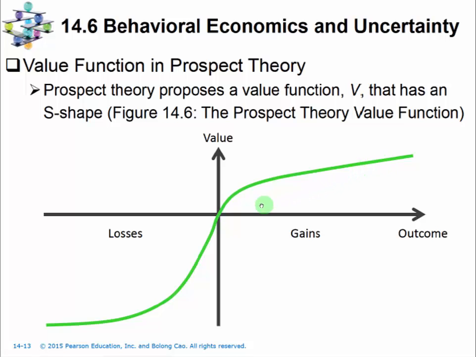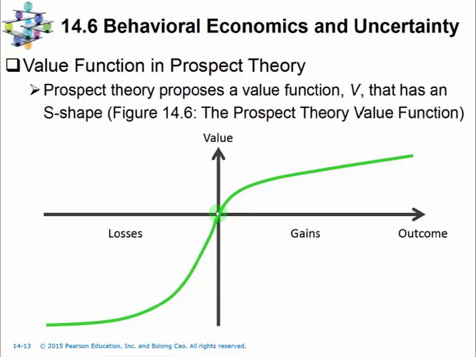The value function in prospect theory is some kind of utility function. But this value function is not defined on wealth level. Instead, it depends on the gains or losses from a reference point. In the middle, the reference point is 0, and people compare their outcomes from where they are standing. That's the reference point.